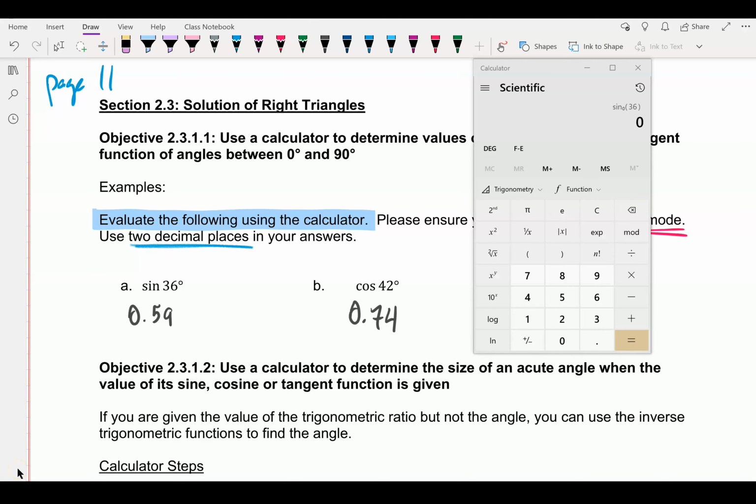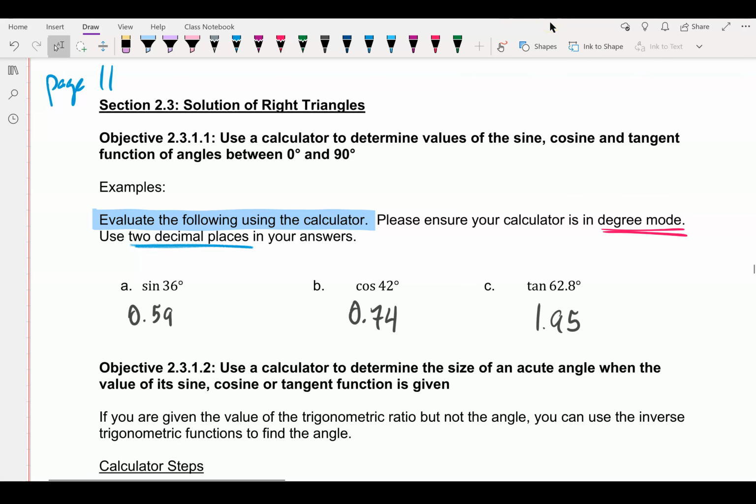If I pop up the Windows calculator here, to do sine of 36, what we need to do first is put in 36, go to trigonometry and then click sine, and it'll give us this value. If I say sine first and then put 36 and enter, it doesn't understand. So you need to put the number in first, and that's very common for basic calculators. Something to keep in mind.